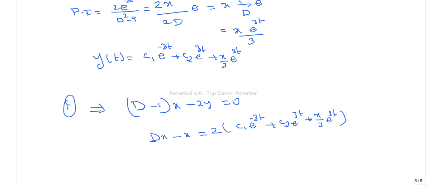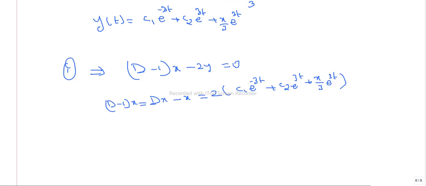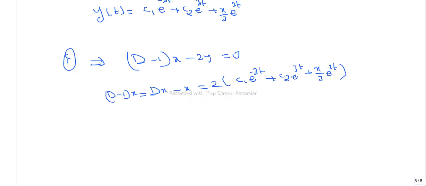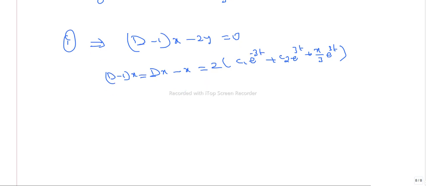Now this is nothing but D minus 1 into x. So we can simply solve it. The f of D here is the D minus 1 operator. Otherwise we can directly integrate it.